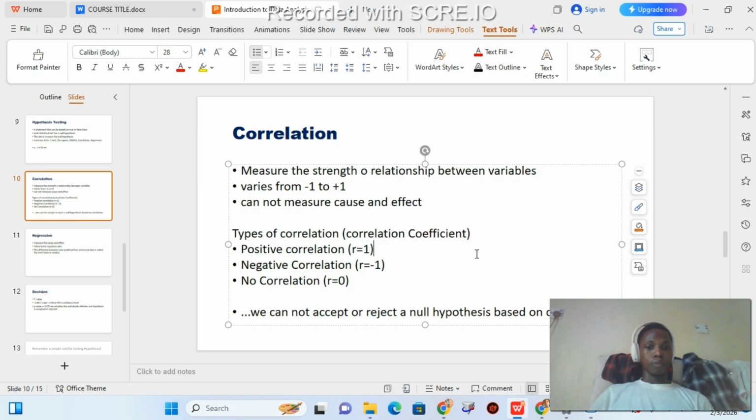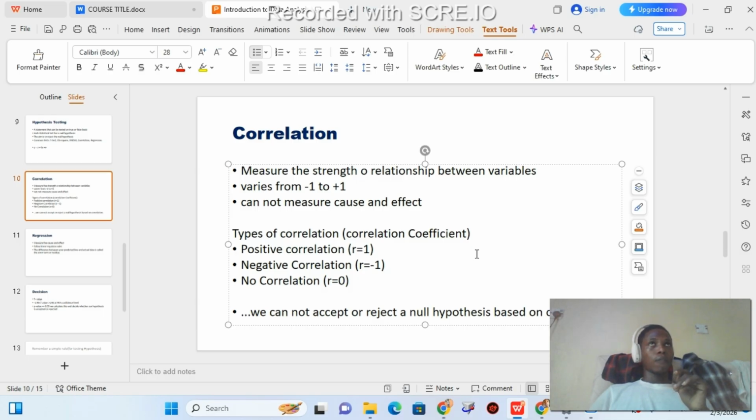The correlation coefficient is denoted by small letter r. The value is always between 0 and 1.